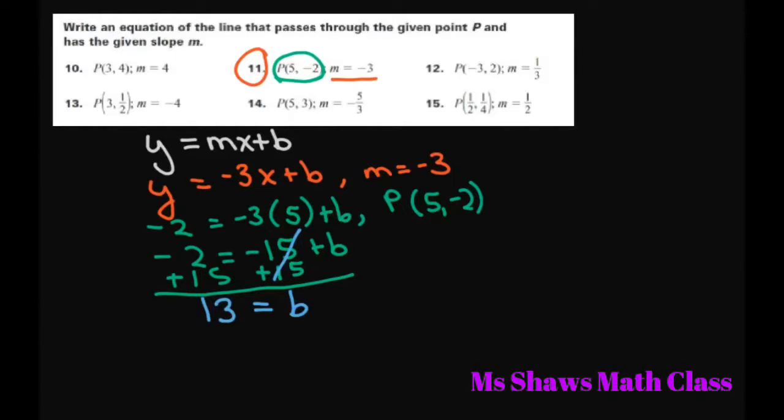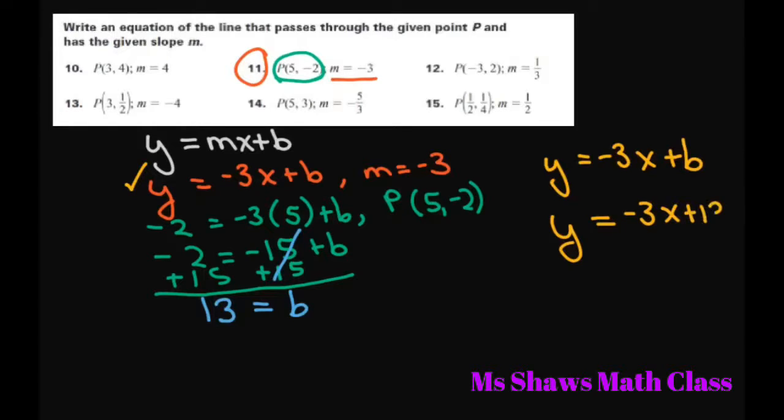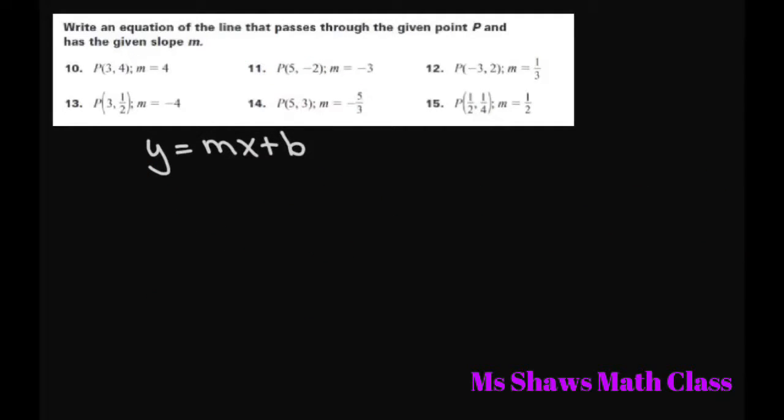Now that we have that, we're going to substitute our b back into our equation here. So we have y equals negative 3x plus b. Substitute in the b, so our final answer is y equals negative 3x plus 13. And let's move on to number 12.